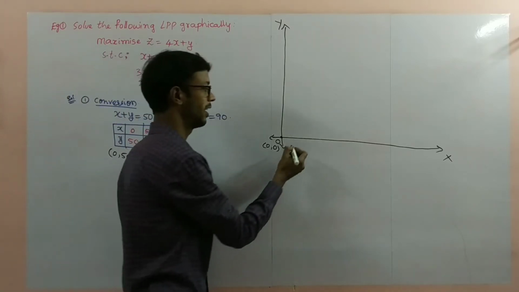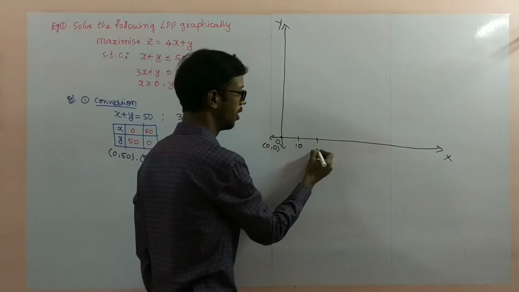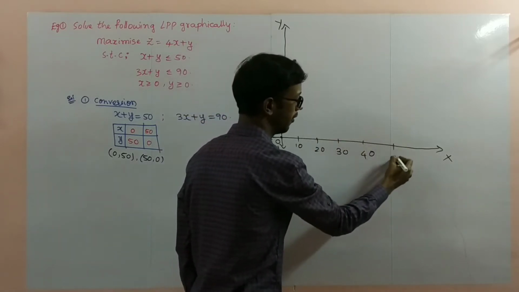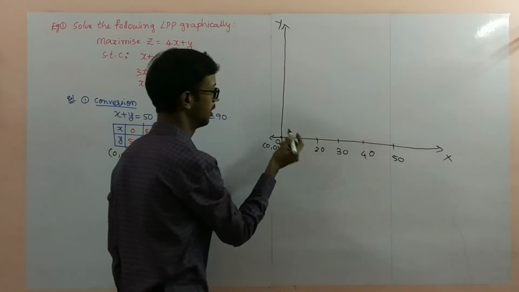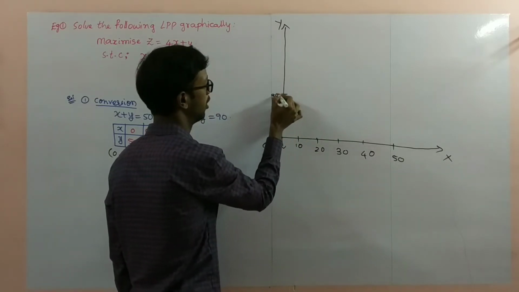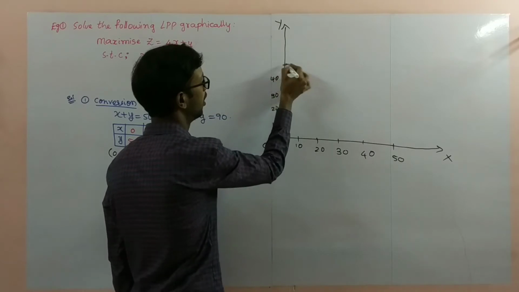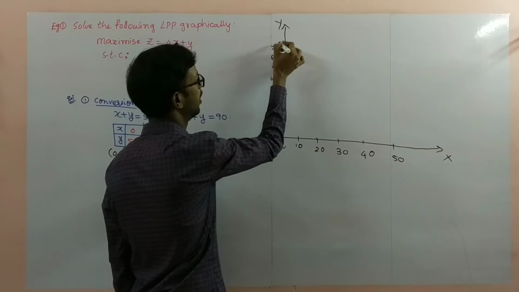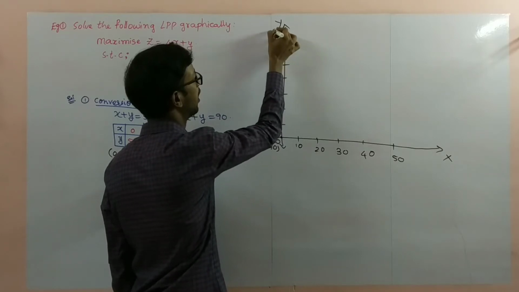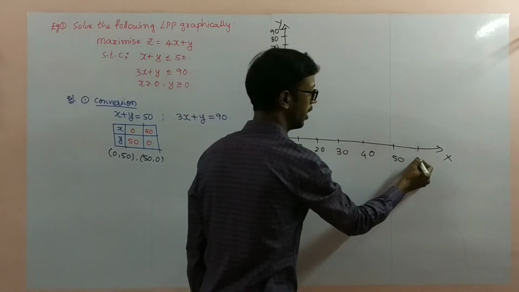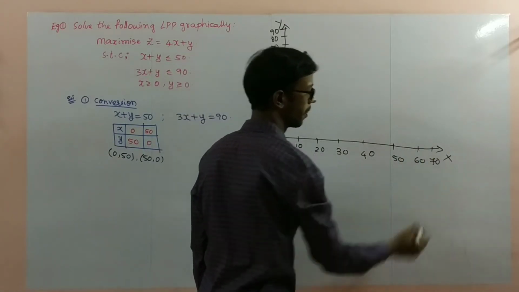So I'll take 10, 20, 30, 40 and 50. On this side also 10, 20, 30, 40, 50, 60, 70, 80 and 90, up to 100. You can write as many as you need.